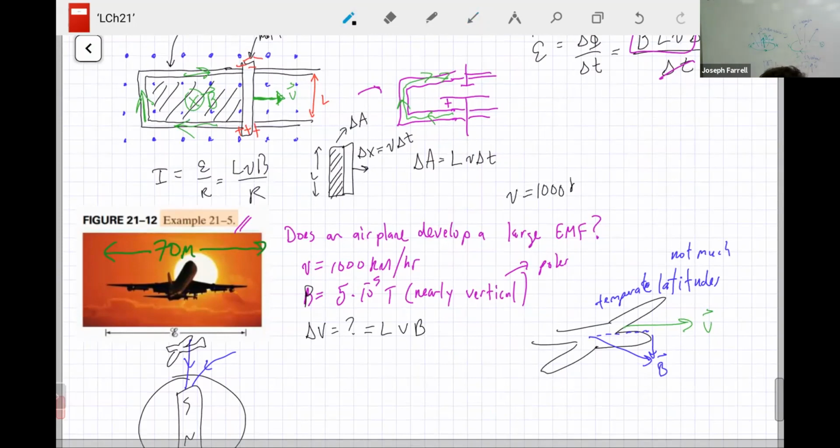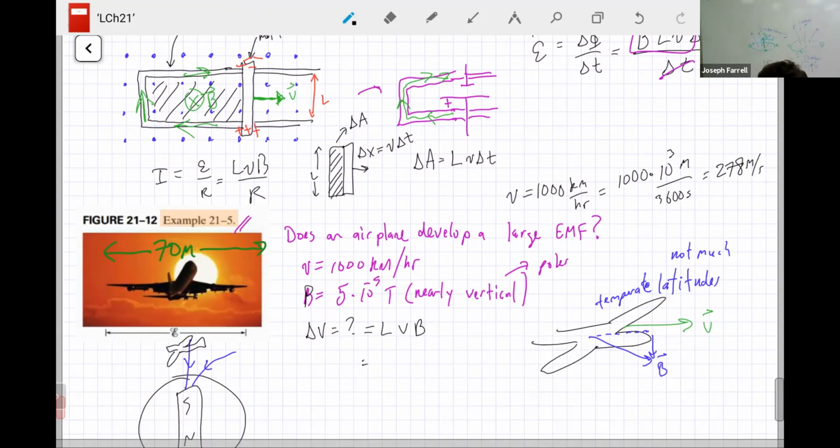1,000 kilometers per hour is 1,000 times another 1,000 meters, and an hour is 3,600 seconds. It's hard for me to divide that in my head: 1 million divided by 3,600 is 278 meters per second.